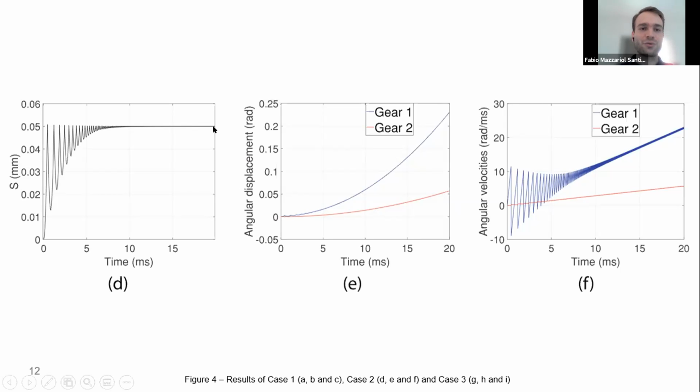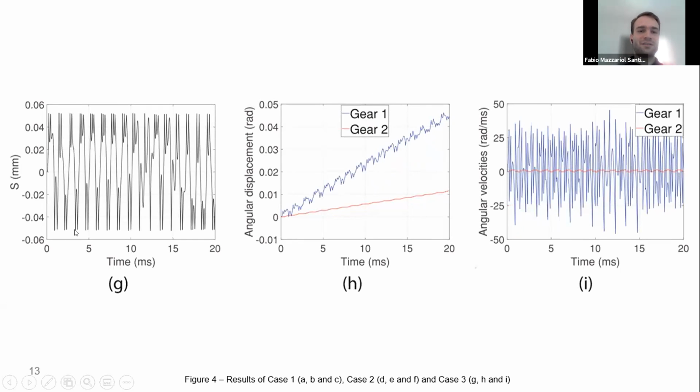It tends to a regular, constant touch because of the damping of the model. And then the angular displacement, and we can see also angular velocities.